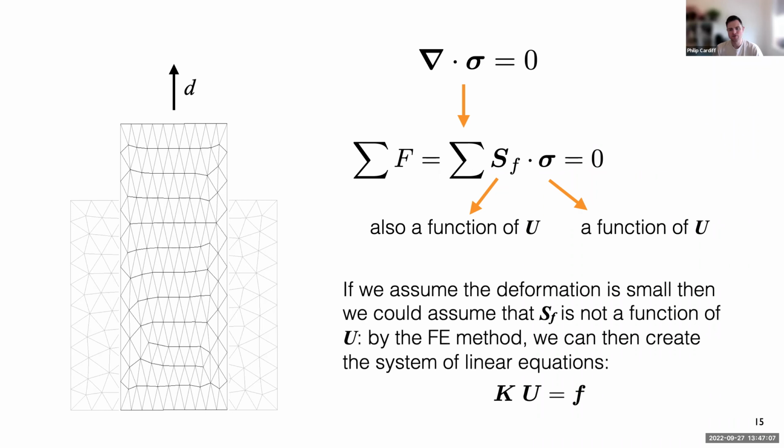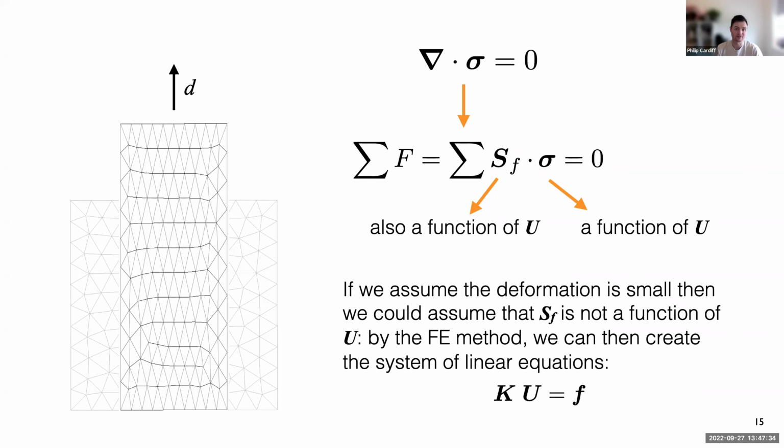If we assume the deformation is small, imagine we've applied a very small displacement, maybe like 1/1,000,000% of the length, then the changes in these area vectors will be very small also. In that case, it would probably be fine to ignore the fact that the area vectors are a function of the displacement field.